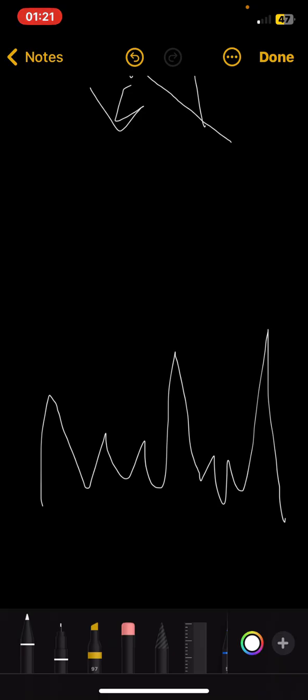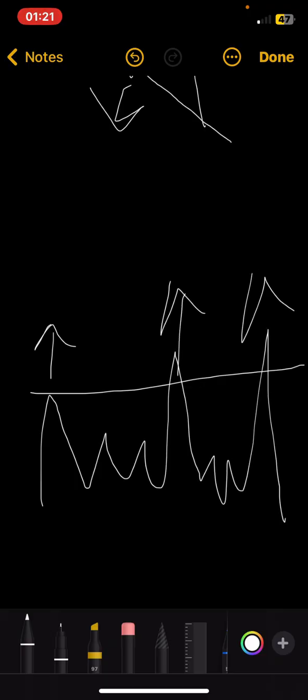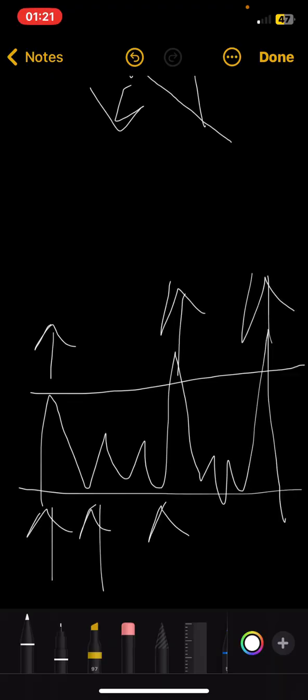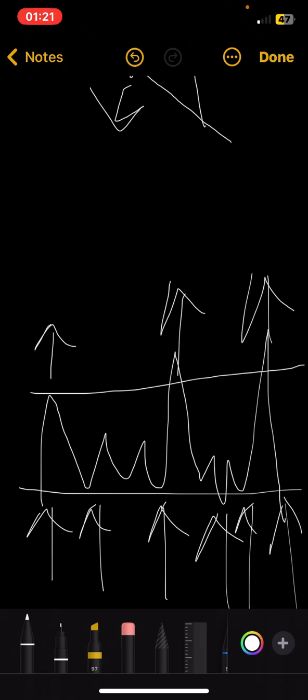You will see that at this top here, they met 1, 2, 3. Below it, they met a couple of times: 1, 2, 3, 4, 5, 6. This is how you identify a consolidation zone.